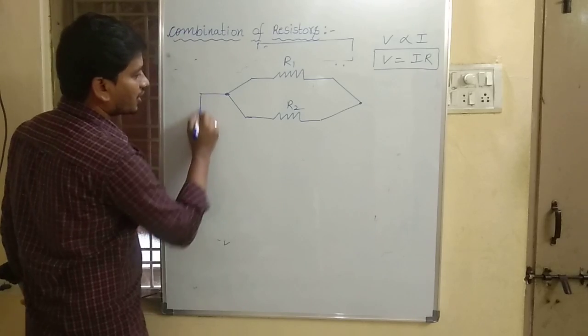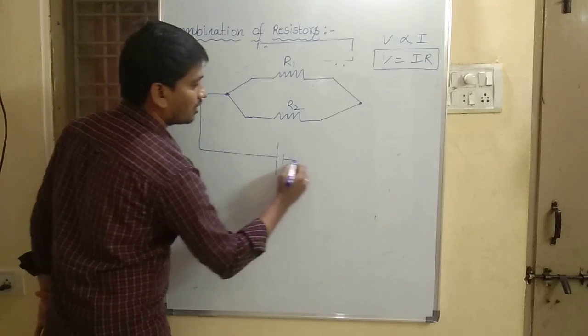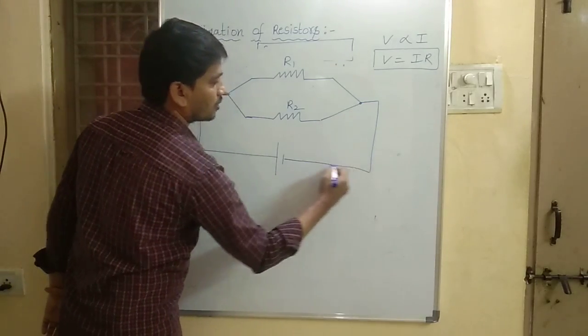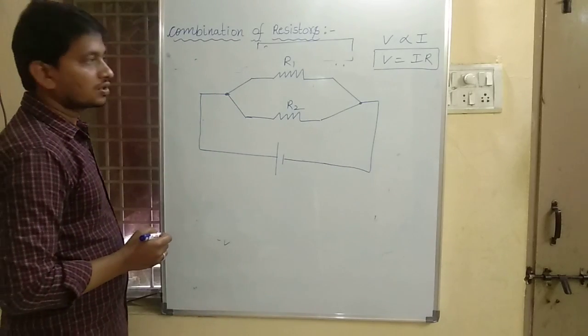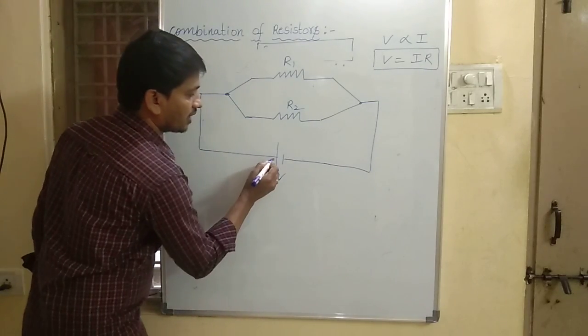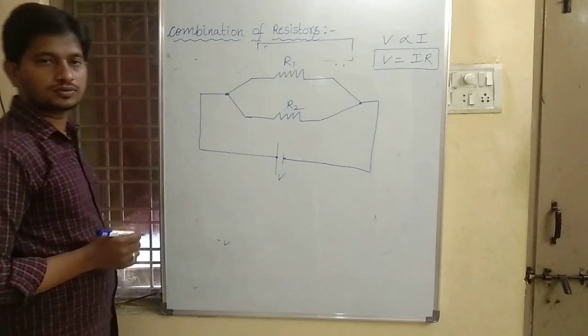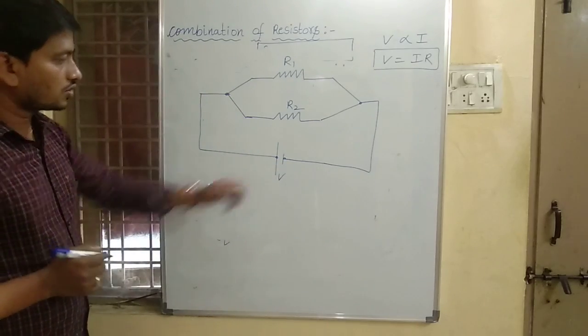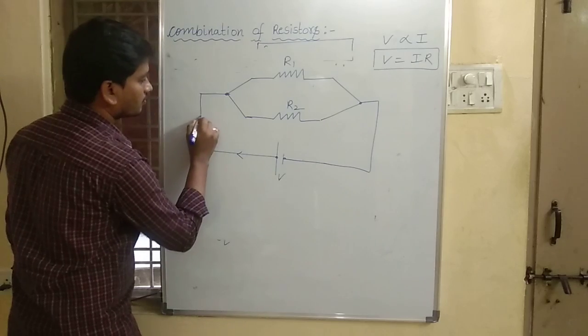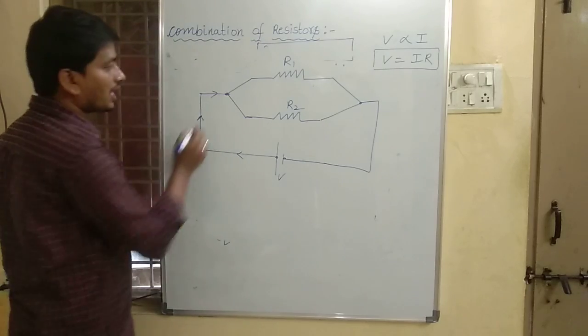Which is connected to a cell, which maintains constant potential difference. So current will flow like this. What is happening here?